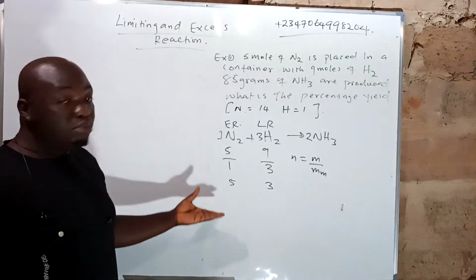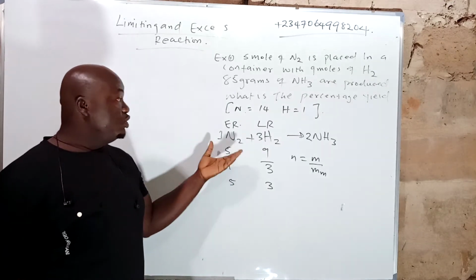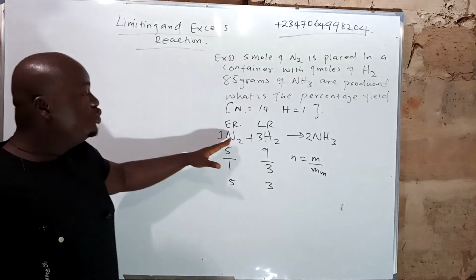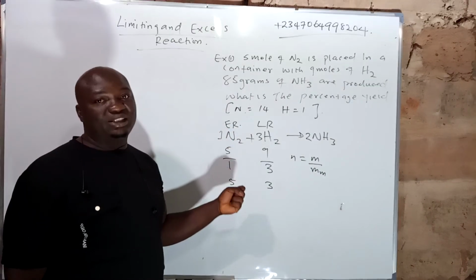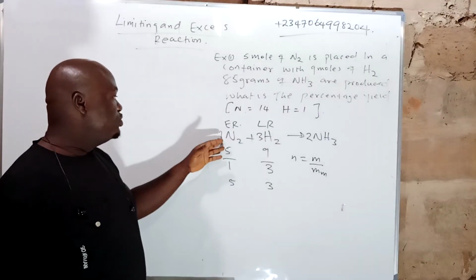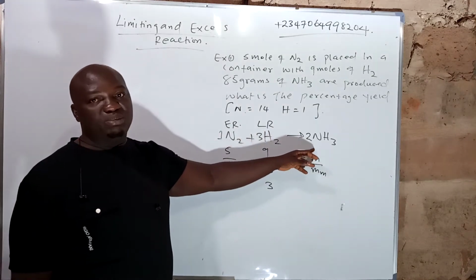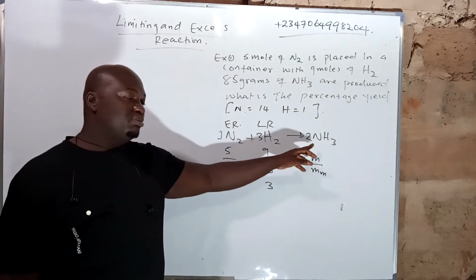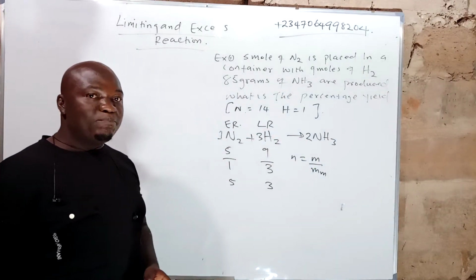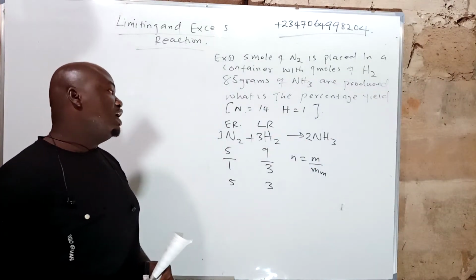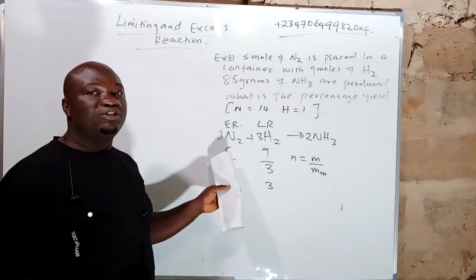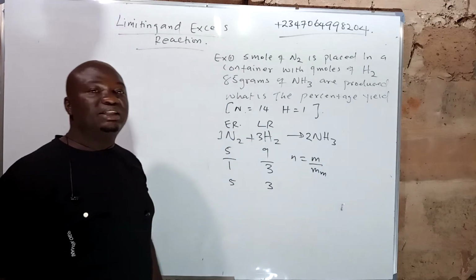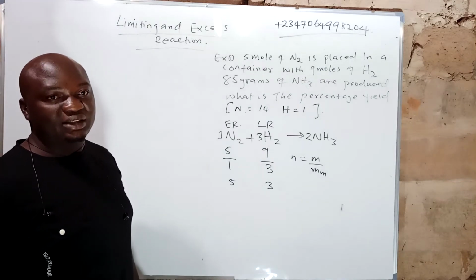Now, the second method you use to know which of these is your excess or limiting reactant is what I call the reacting masses. We are going to use nitrogen to calculate the mass of the product, and use hydrogen to calculate the mass of the product. Whichever reactant gives us the least mass of the product is the limiting reactant.